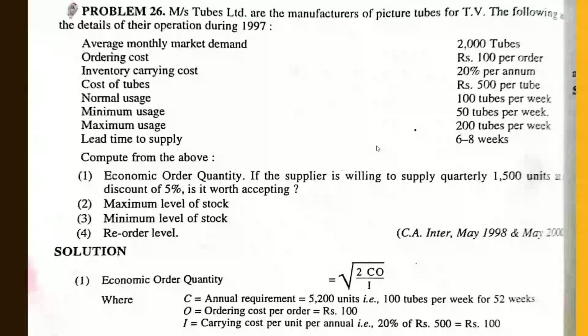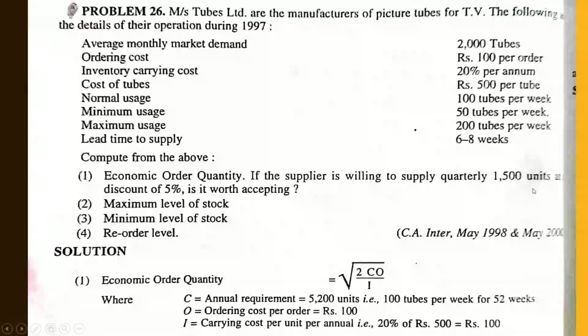Then at economic order quantity, what will be the cost of the tube? Then, if the supplier is willing to supply 1,500 units, like the earlier question where it was 4,000 units, what will be the cost?